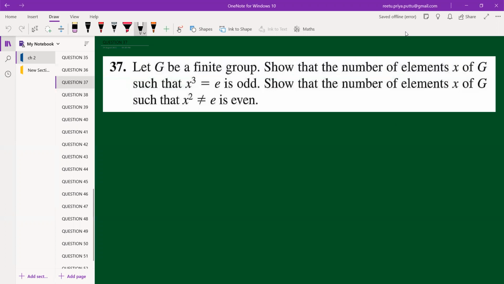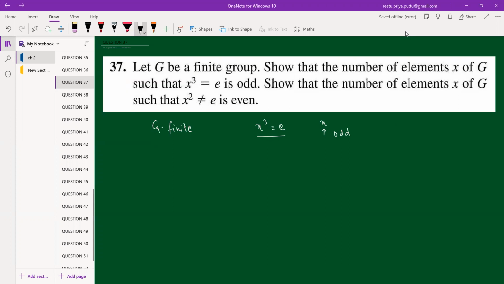So next, 37, we have a finite group G. So G is basically finite. We have to show that the number of elements X of G such that X cube equals identity is odd.